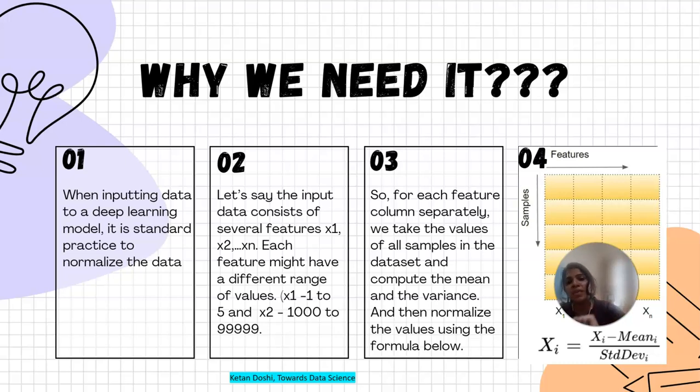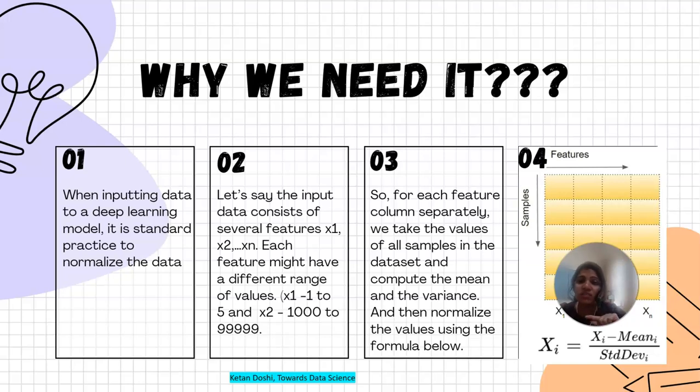Then we will compute the mean and variance. So for each feature vector, I am having a mean and a standard deviation. Then I am going to normalize by using the formula: xi equals xi, the current vector, minus mean i, divided by standard deviation i. That means we will get zero mean unit variance.